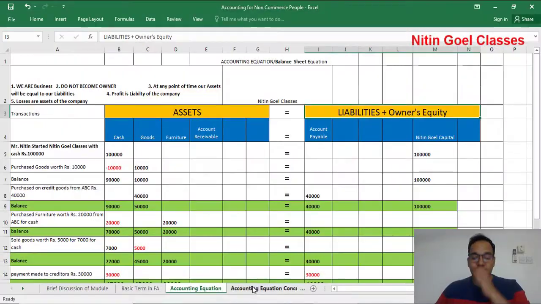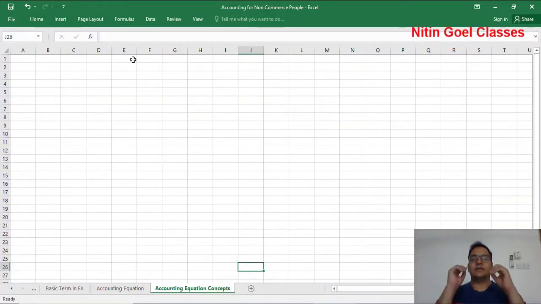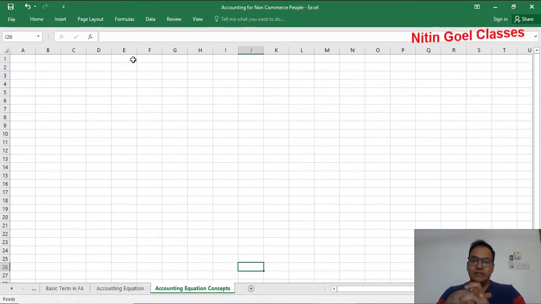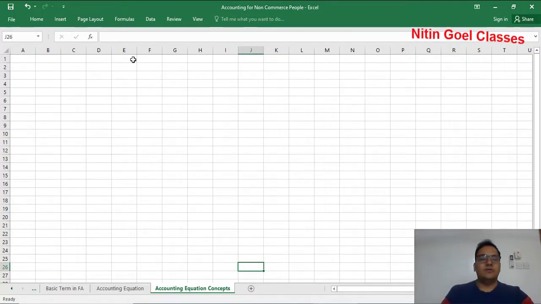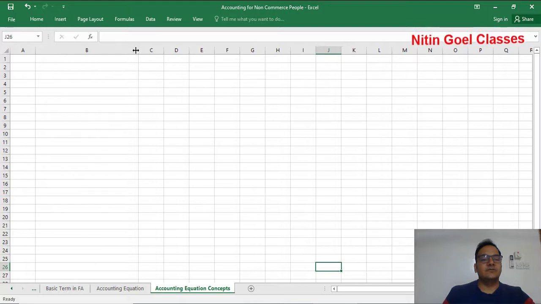Today I'm going to discuss some more concepts on accounting equation, which will help you have a clear understanding of how to take into consideration any transaction and its impact on assets or liability or both. So we are going to make a discussion like this. Let me take out some more space for transactions.